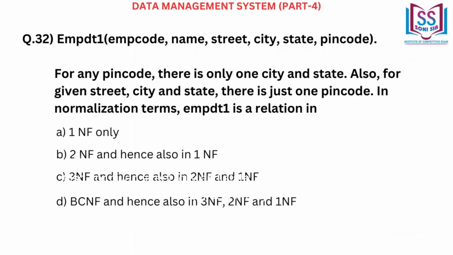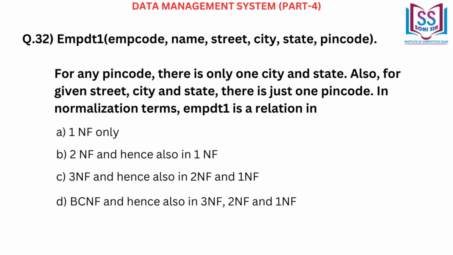EMPDT1 has EMP code, name, street, city, state, pin code. For any pin code, there is only one city and state. Also, for given street, city and state, there is just one pin code. In normalization terms, EMPDT1 is a relation in A. First NF only.